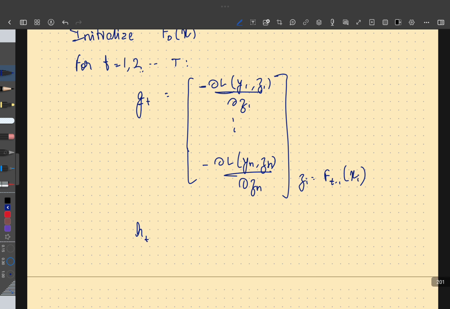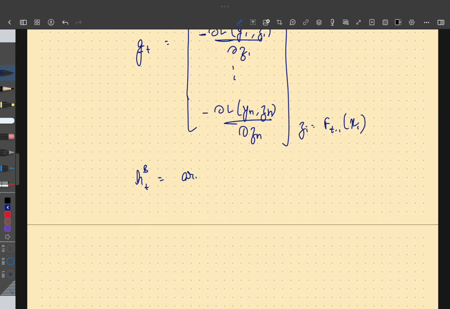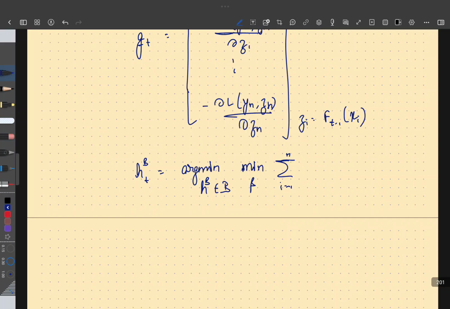So you choose h t b to be equal to the arg min over all h b from the base hypothesis class, and min over all beta, of the summation i equal to 1 to n of gti minus h b of xi, the whole square.